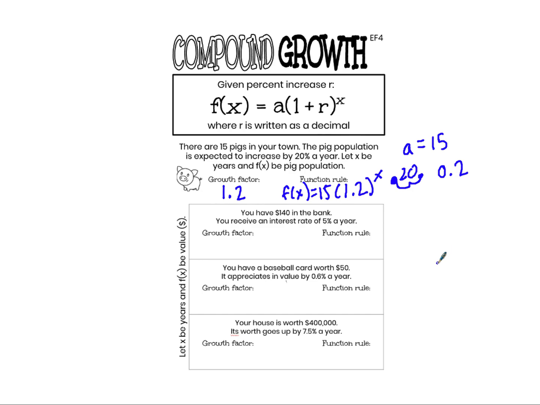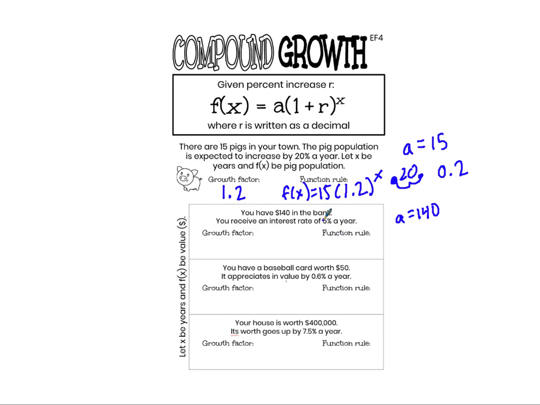Next example. You have $140 in the bank. You receive an interest rate of 5% a year. So for all of these examples, x is going to be years and f of x is going to be dollars. So start value, 140. And then I'm looking at a percent increase. That's what my interest rate is.